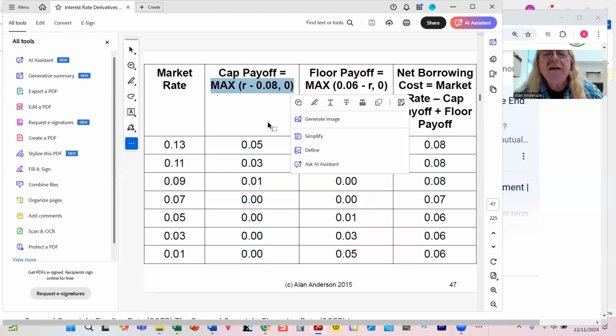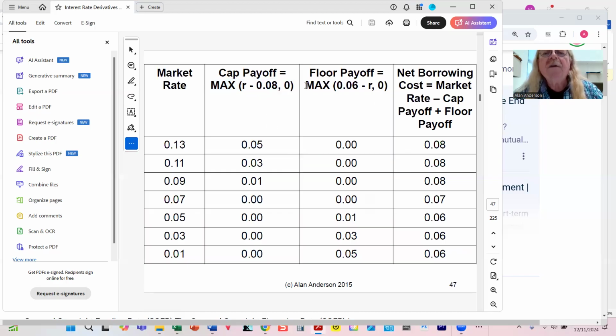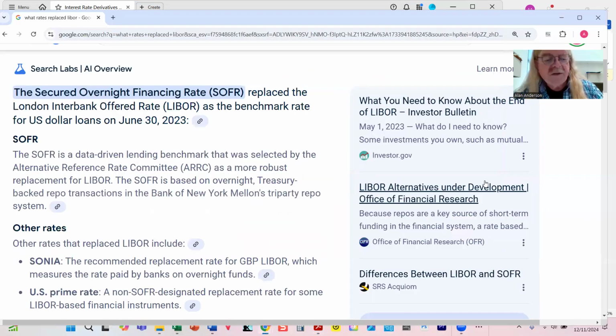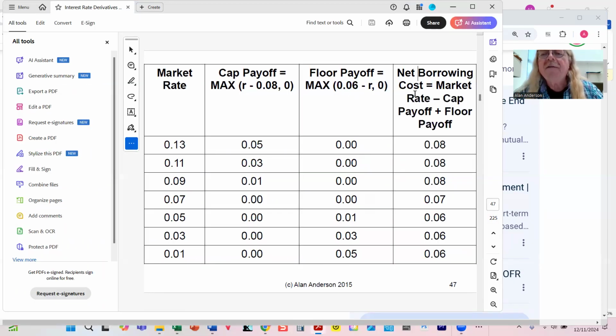We will collect that. Here's the floor. We've sold this. You notice how the payoff is the strike rate minus the actual market rate. The net position, the position of the collar, means you add the cap, that we're collecting the cap payoff, but we're paying the floor payoff.